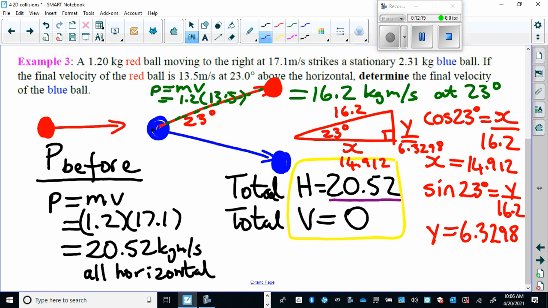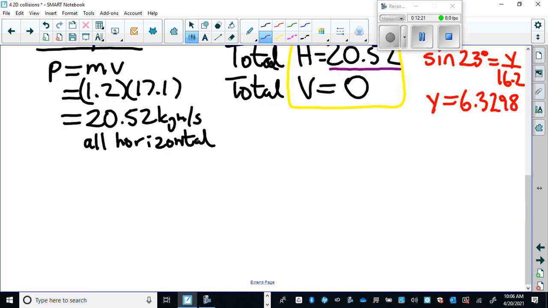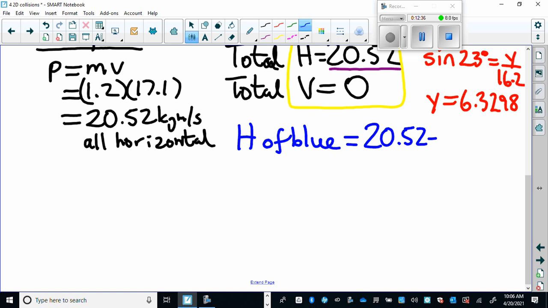So how are we going to find out the horizontal component of the blue ball? It's simply going to be 20.52 minus the 14.912, right?